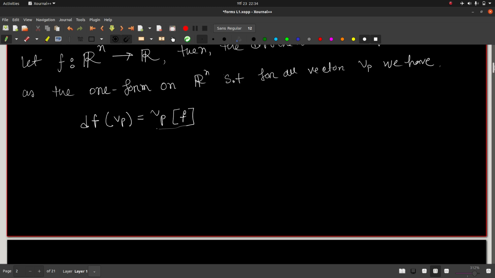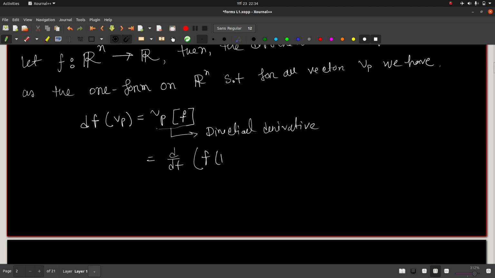And if you recall from the past lectures, this was nothing but the directional derivative, so this guy was just the directional derivative on that manifold, or so to say at that point of that manifold. So this was written as d/dt of f of p plus t vp, and we want to compute it at t equals 0.